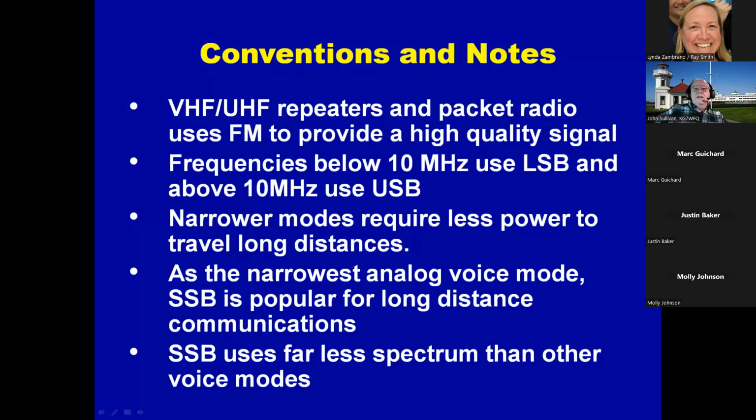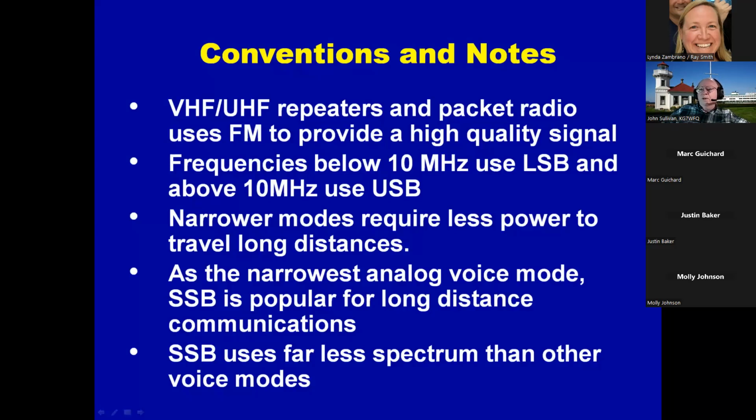Narrower modes require less power to travel long distances. That's why we talked about single sideband, providing that one question that single sideband for VHF, UHF would provide longer range than FM. Because it's the narrowest of the analog voice modes, single sideband is popular for long distance communications.